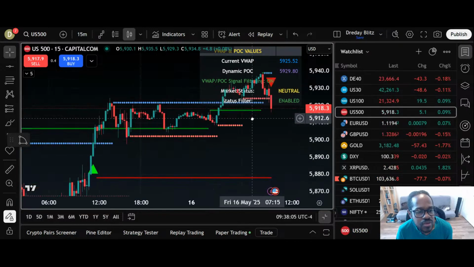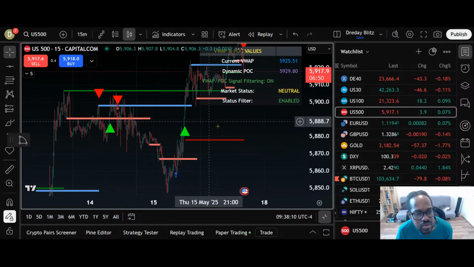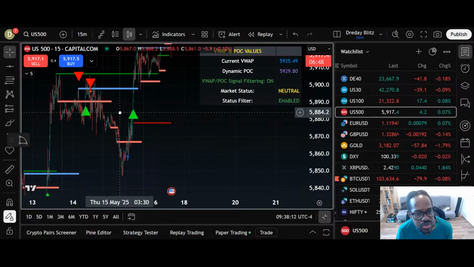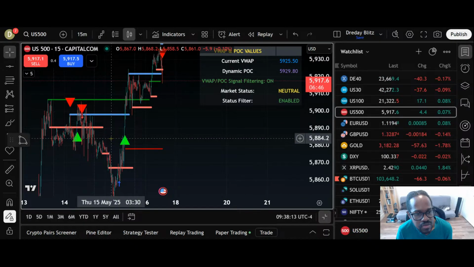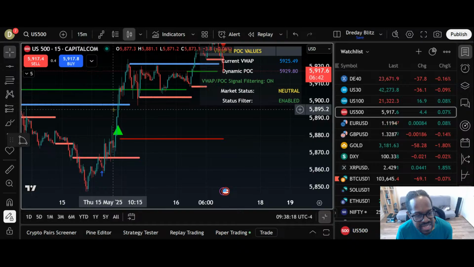Yeah. So indices right now are dropping. Expecting to have a retracement for sure after that big move up that we had on Thursday.